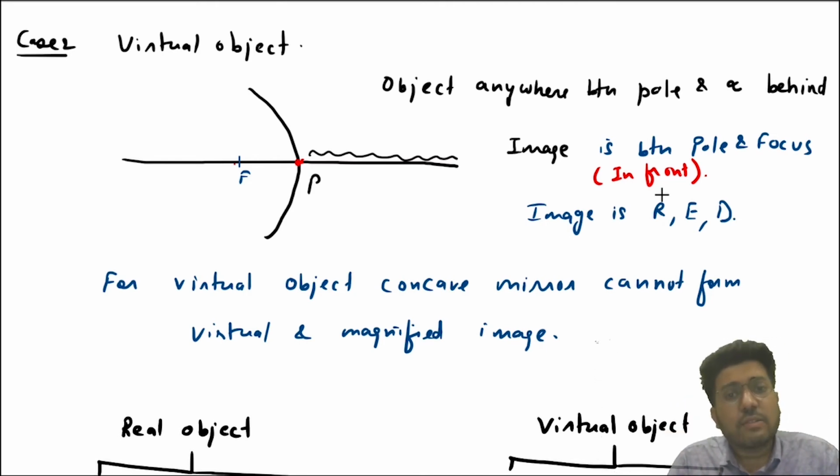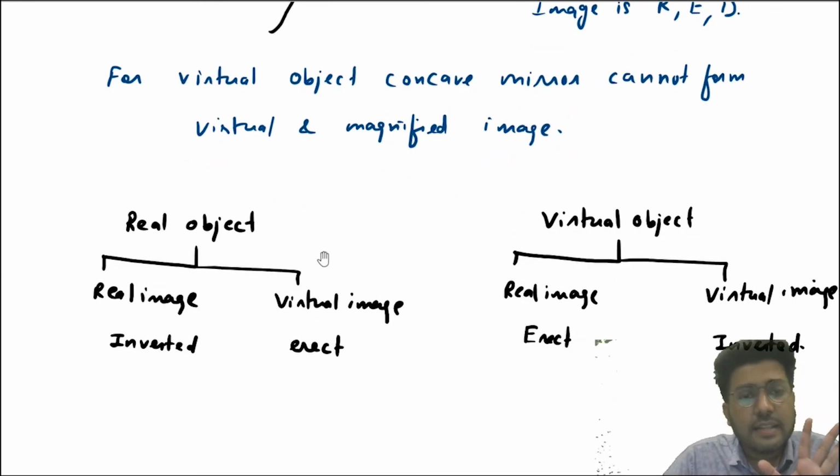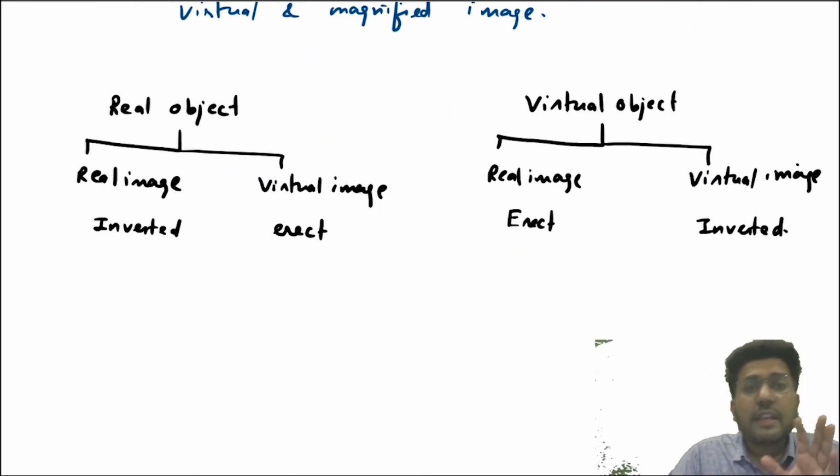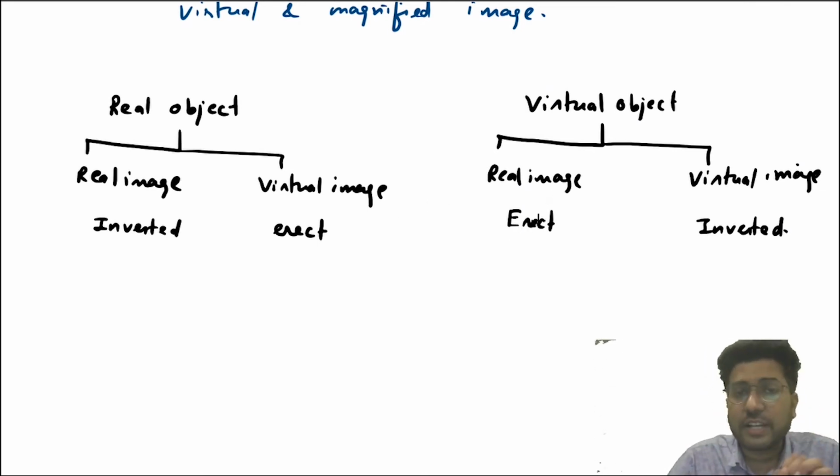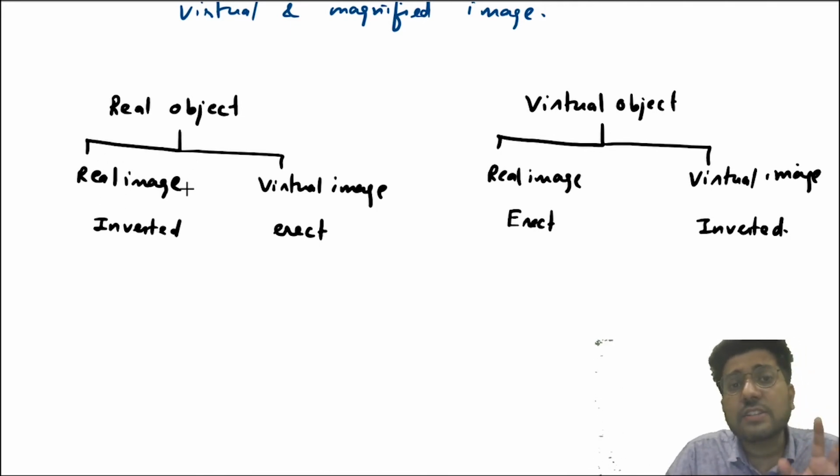Okay, now there is one important thing that will help you memorize these. If you have a real object, and from that real object a real image is formed, then that real image is always inverted. Again, I'll repeat.